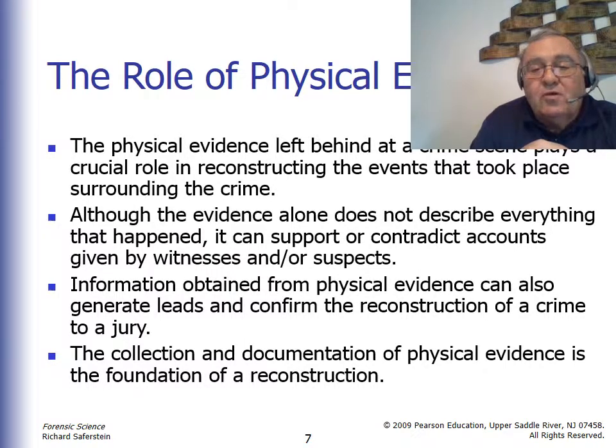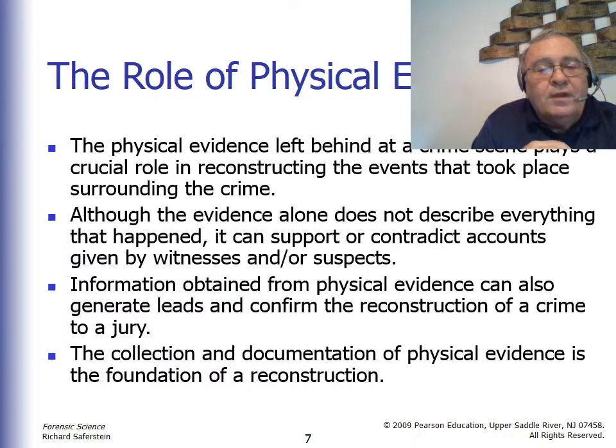Although the evidence alone does not describe everything that happened, it can support or contradict accounts given by witnesses or suspects. Human memory is not perfect, and it's based on perceptions, experience, age, eyesight, hearing ability.